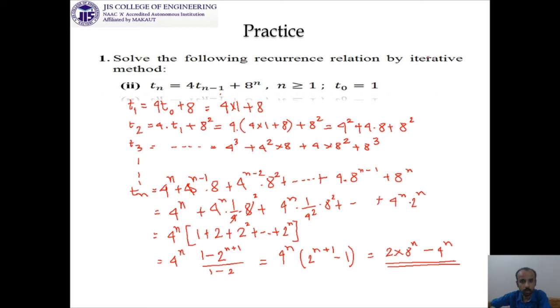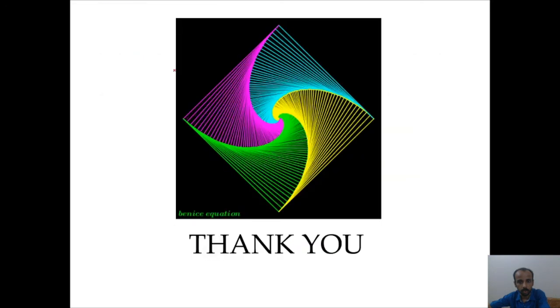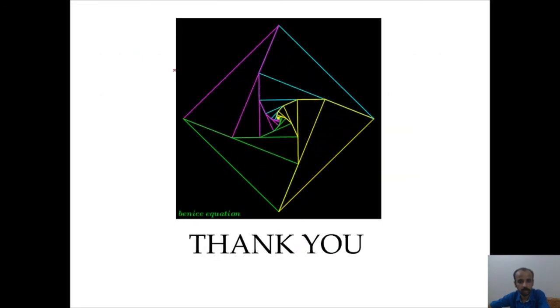That means we have solved the given recurrence relation and we have used the process for solving this, which is called the iterative method. In the consequent classes, we are going to discuss some more methods for finding the solution of recurrence relations. So hope the thing is clear to you.